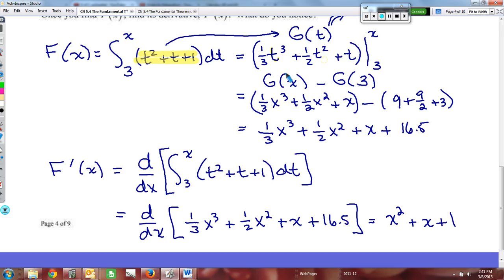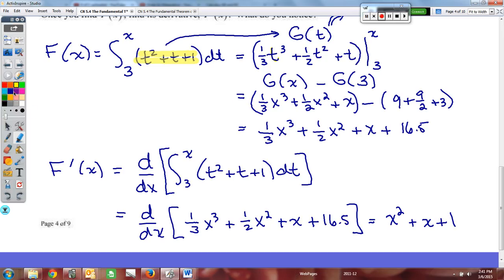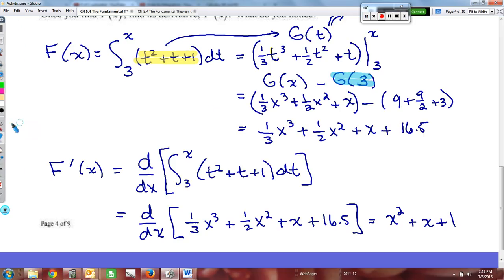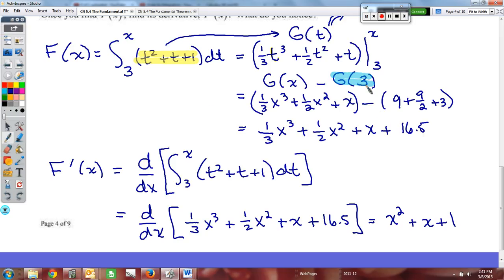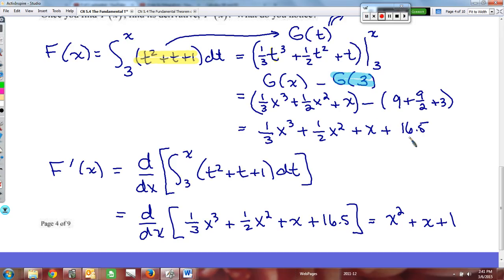Then it plugged in x and 3. Now, the key here is to recognize that when you plugged in 3 over here, what did we get after we did that portion of it? We got a constant. So you end up essentially with the antiderivative of this with an x instead of a t here, plus a constant.